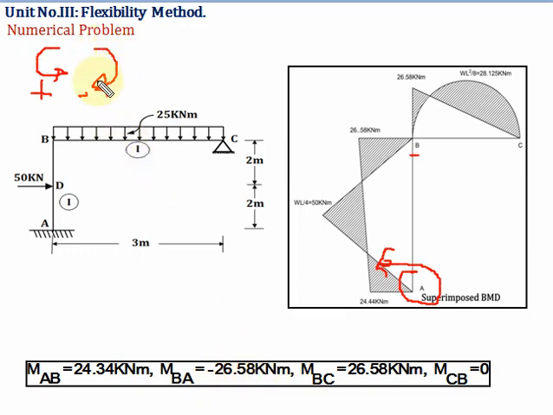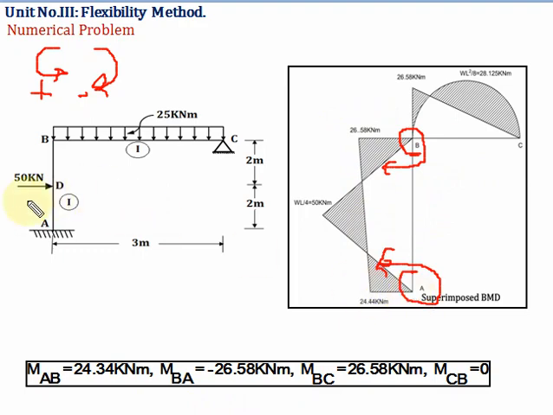That means it is acting in the clockwise direction. So here you have to rotate the joint B in the clockwise direction. Now I am rotating the joint B in the clockwise direction. It should cut the member once. That means this 26.58 is acting on the left hand side. So join this by a straight line.